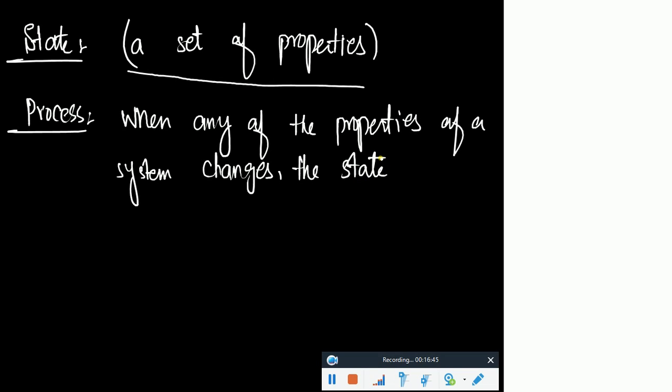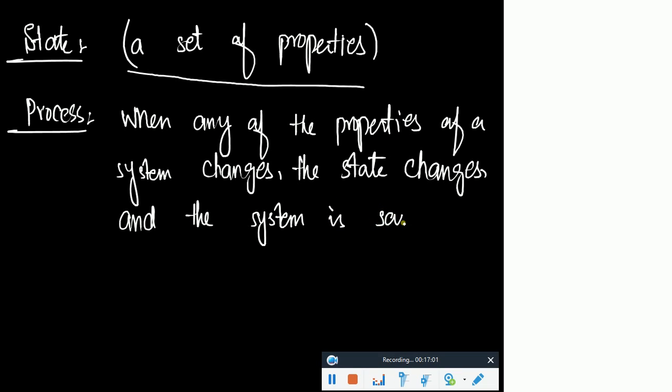Why? Because the state is a set of properties, so if properties change, state would also change. So the state changes and the system is said to undergo a process.